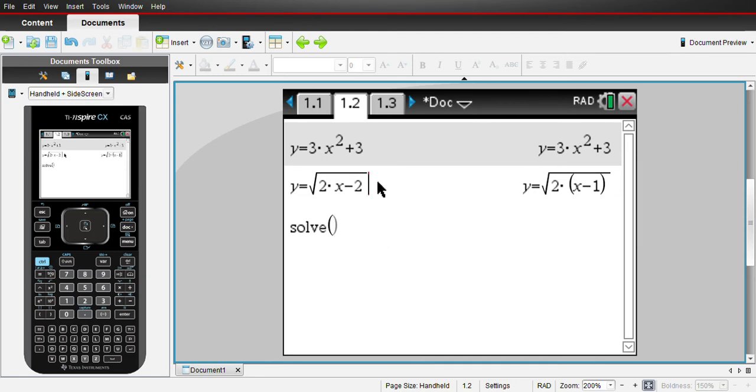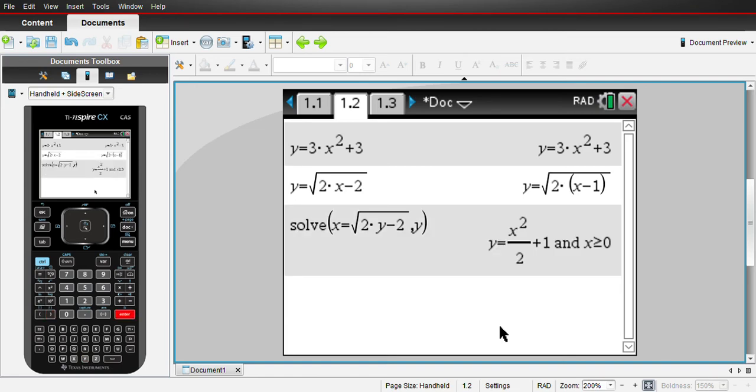I'm going to copy and paste, Control C, Control V, then I'm just going to swap my x and y, so make this x and make this value here y. And we need to solve for y, so whatever you're solving for, you put that after the comma. Solve for y. We press enter, and we get our value here.